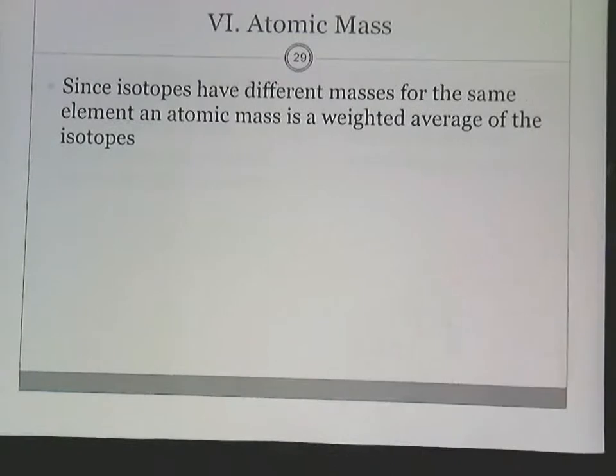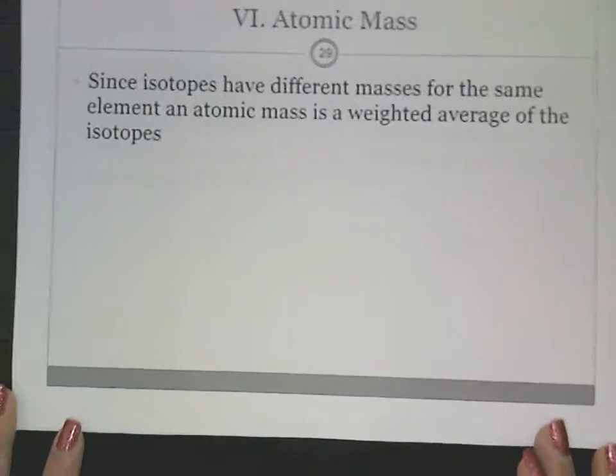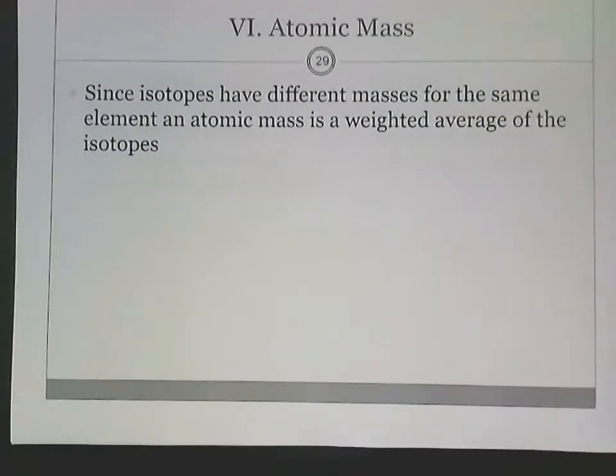Okay, atomic masses. We talked about this a little bit on Wednesday, right? We had magnesium and it had three different isotopes, each of which had a different mass. But when we look at the periodic table, the mass given is 24.3, which means the mass is most likely, more often than not, 24 AMUs.